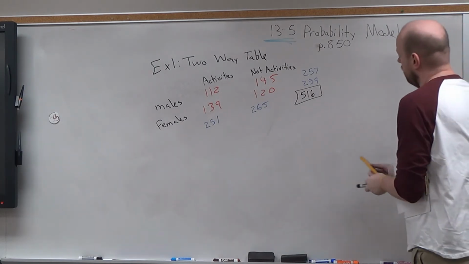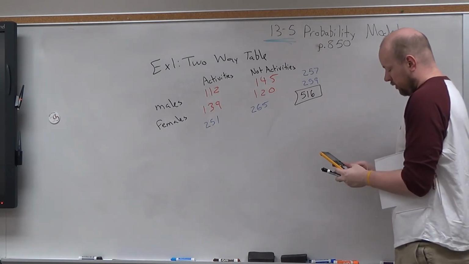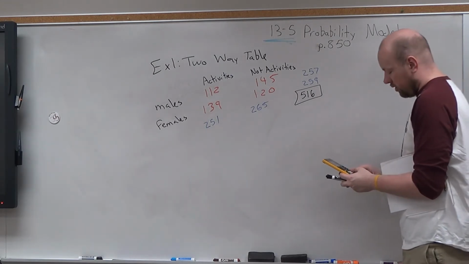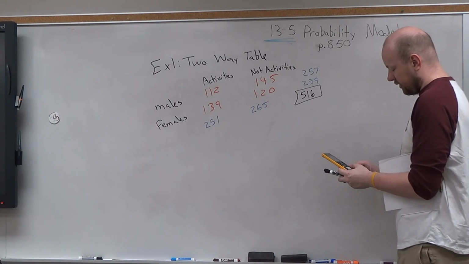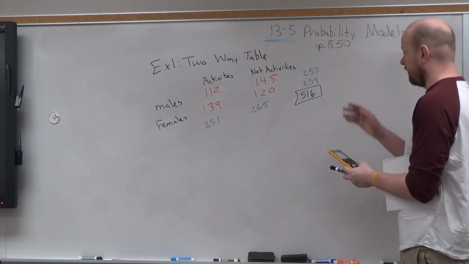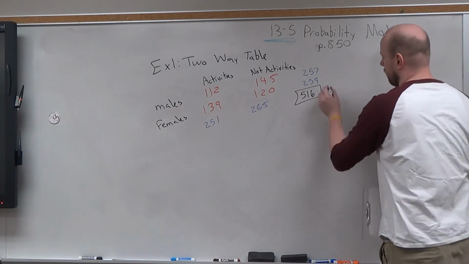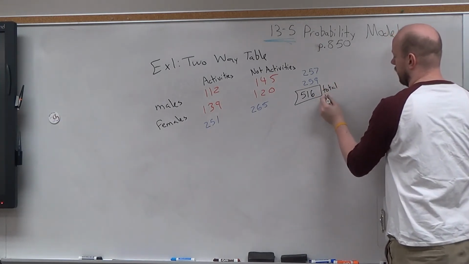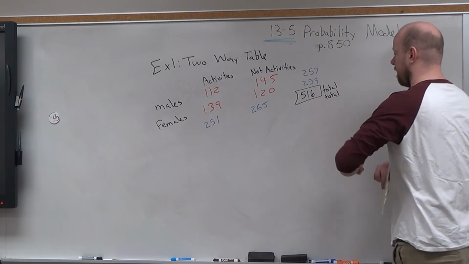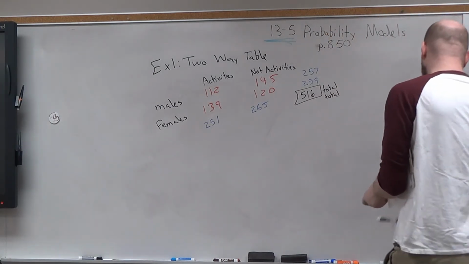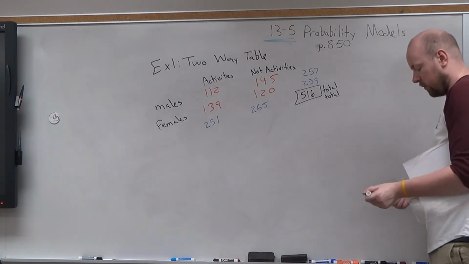So let's see. 257 plus 259 is 516. 251 plus 265 is 516. So 516 is the total of everybody involved.